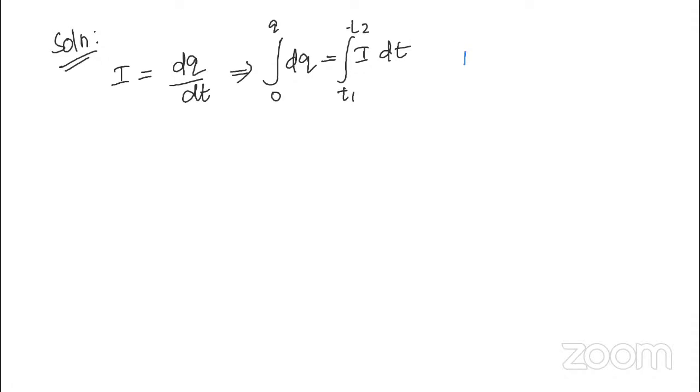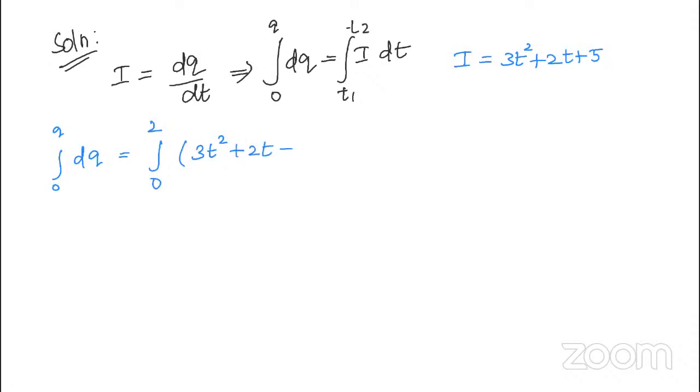What is the I value? Here it is 3t² + 2t + 5. So ∫ from 0 to q of dq equals, with the limits given as 0 to 2, the integral of (3t² + 2t + 5) dt.